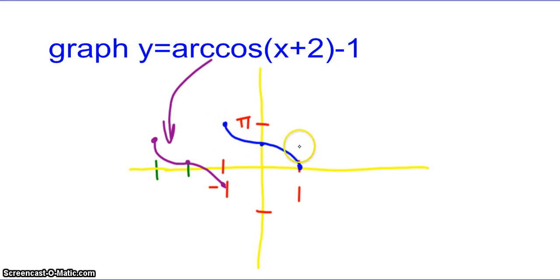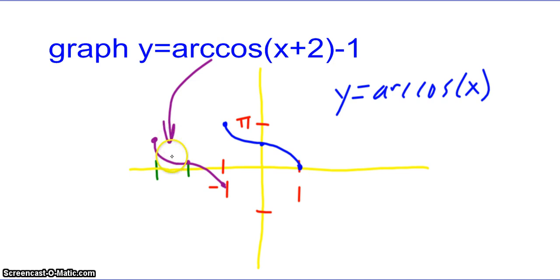In blue I've graphed y equals arccosine of x. So again, here the accuracy is a little bit more difficult to see because this is at a height or a point of -3 pi minus 1. That's that point right there.